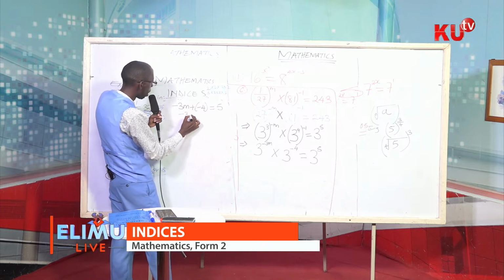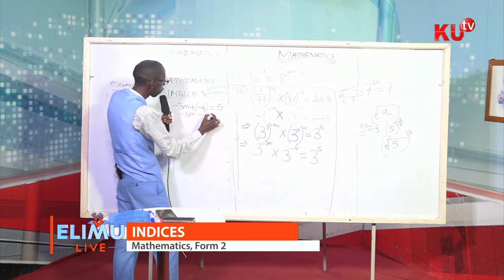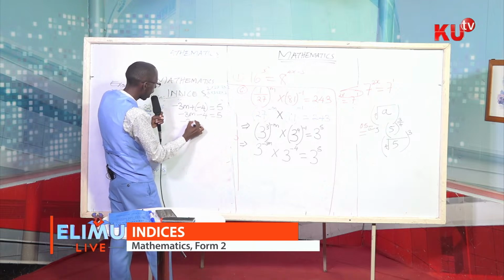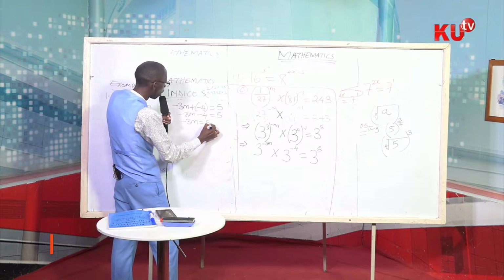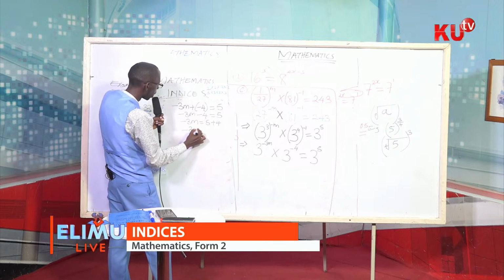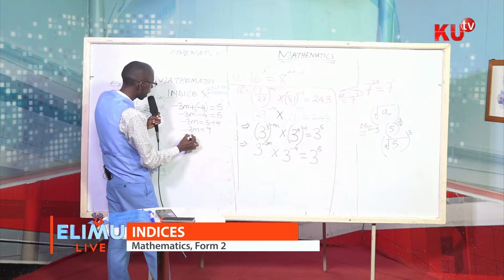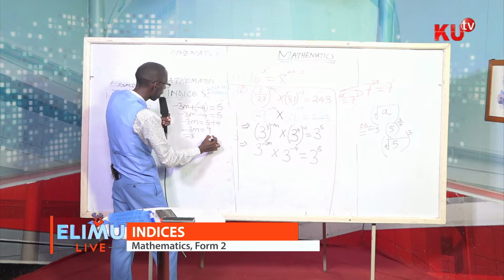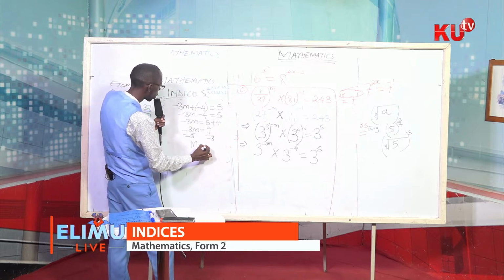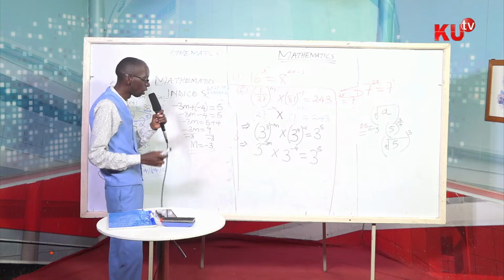Negative 3m minus 4 is equal to 5. Negative 3m is equal to 5 plus 4. Negative 3m is equal to 9. Divide by negative 3 on both sides. My dear students, the value of m is equal to negative 3.